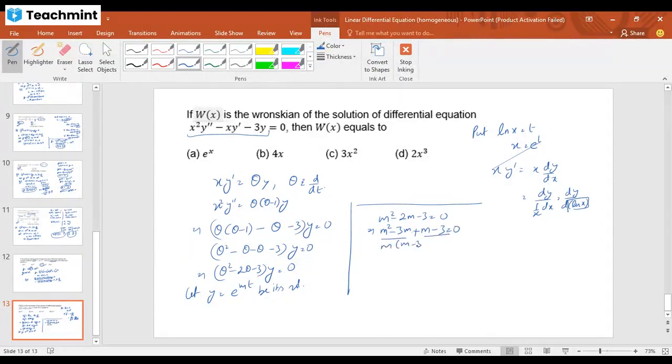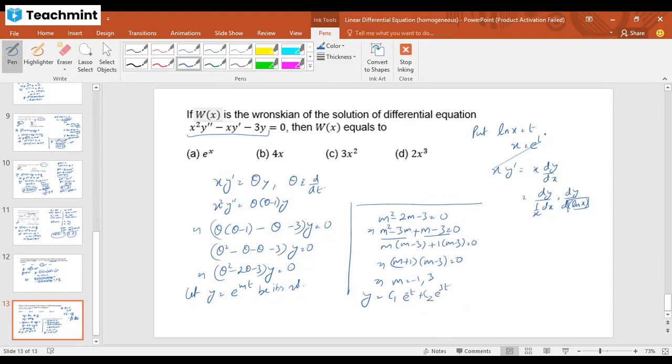So m minus 3 times m plus 1 is equal to 0. The values of m come out to be minus 1 and 3, so the roots are real and distinct. So the solution will be c1 e raised to the power minus t plus c2 e power 3t.